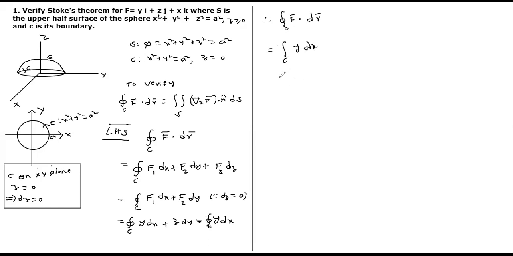Now how do I evaluate this integral y dx? By taking some substitution. What would be the substitution for x and y? What kind of substitution do we have to take, parametric substitution or polar substitution?